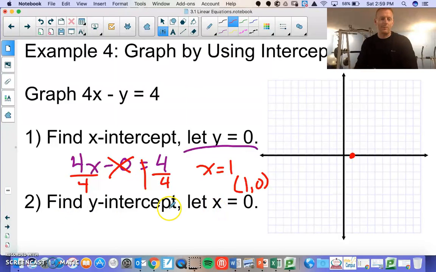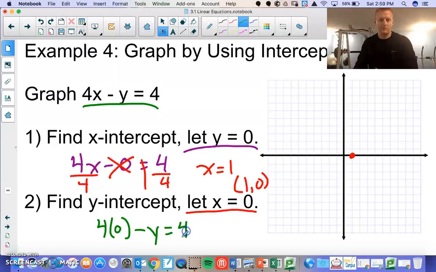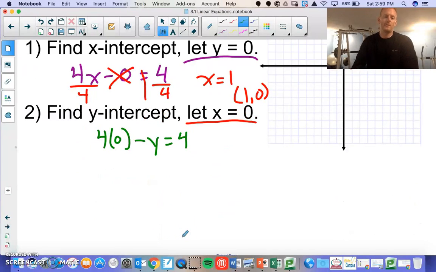Now the next step would be to find the y-intercept. If we're using the y-intercept, x equals 0. So what we're going to do is we're going to say 4 times 0 into the original equation minus y is equal to 4. So solving this equation, 4 times 0 has always been 0.